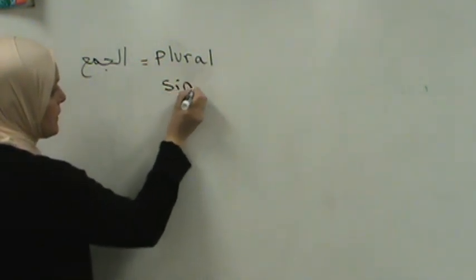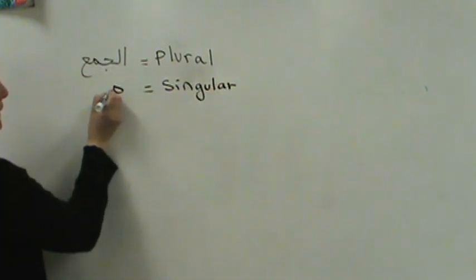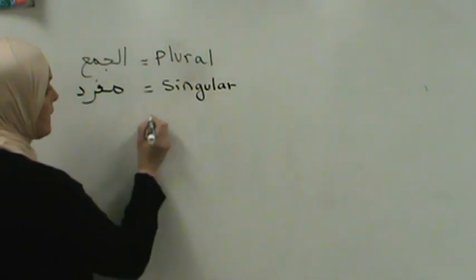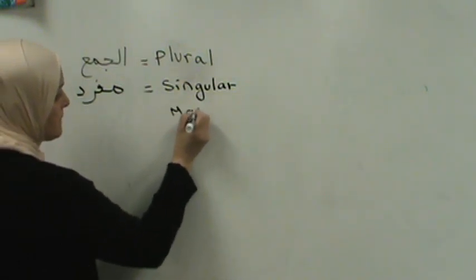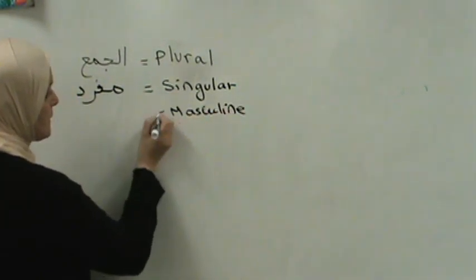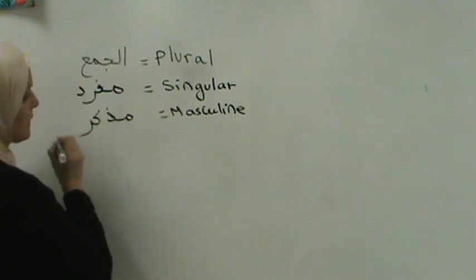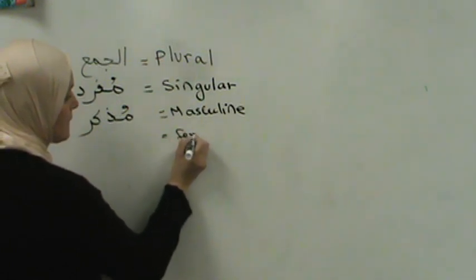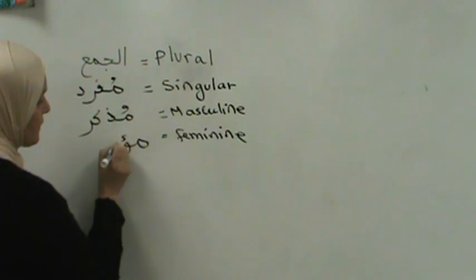Singular is مفرد. Masculine is مذكر. Feminine is مؤنث.